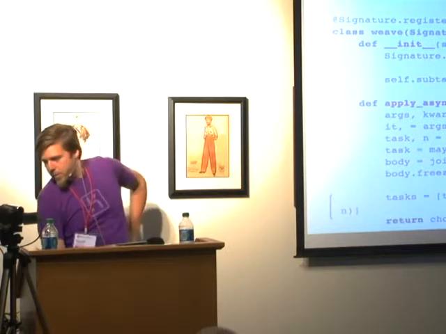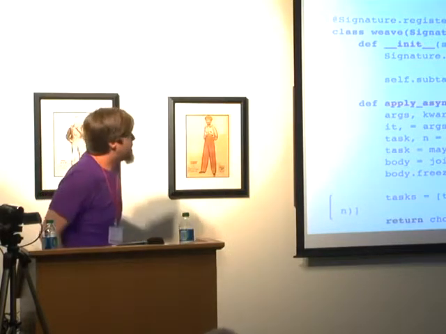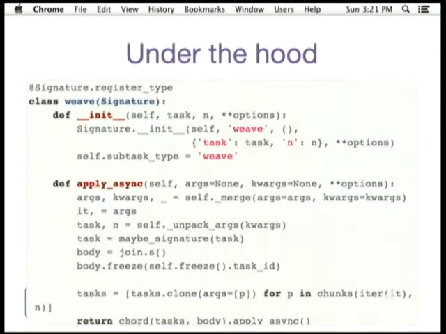There's a little more code than I could easily fit on the slide here, but you can see I call this class decorator register_type on the signature subclass, and I provide a subtask type of weave, and that tells Celery to register this signature as a type weave. So anytime it sees subtask type weave, it's going to construct a weave instance.